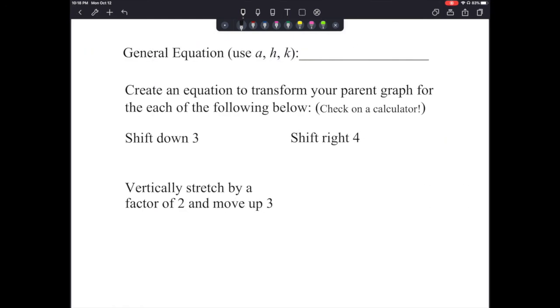So our general equation here, y is equal to a times b to the power of x minus h plus k. Now the one that we're doing right now, instead of having b, we have a times 2 to the power of x minus h plus k.